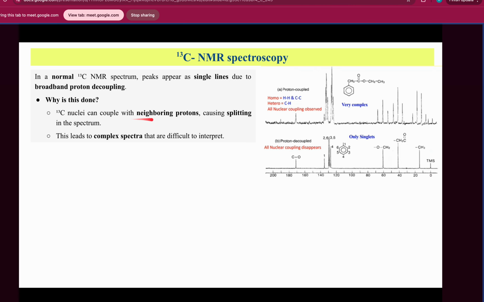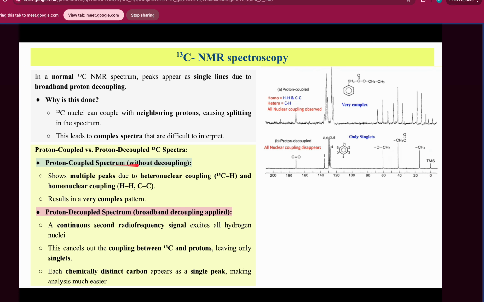C13 nuclei can couple with neighboring protons. If we look at the coupling effect in this scenario, then there will be splitting of the spectrum into multiple short peaks, which will make our spectra complicated. So to avoid it, we simply perform proton decoupling. The proton-coupled spectrum is what we get when decoupling is not done.